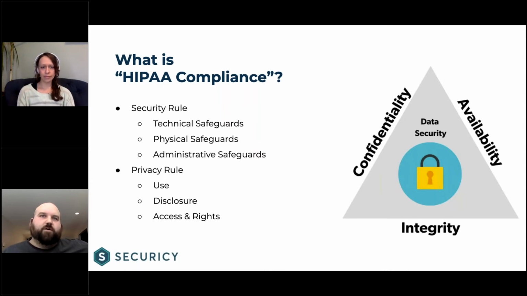Well, when HIPAA compliance extends to third-party vendors such as SaaS vendors and software vendors, it's really relating to a business associate agreement, and they're forced to fulfill some requirements extended as a third party, such as security and privacy rules as defined by HIPAA. So tell me a little bit about those security and privacy rules.